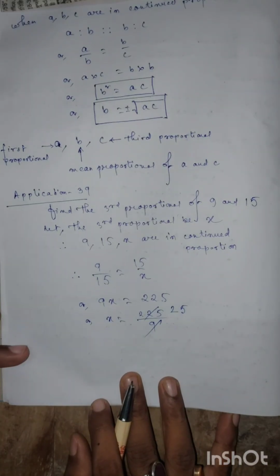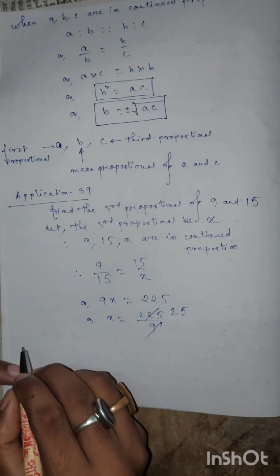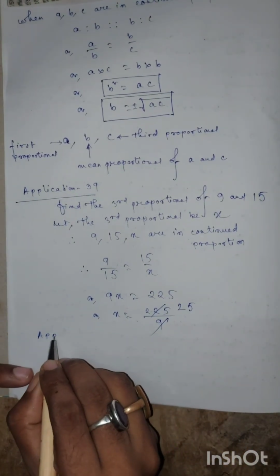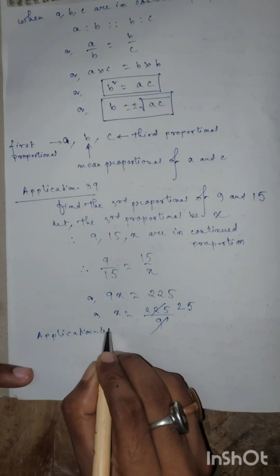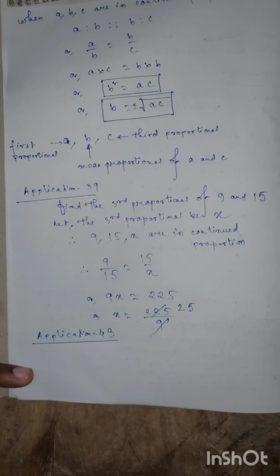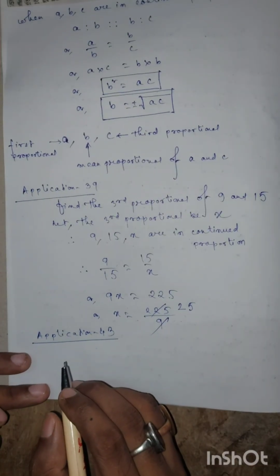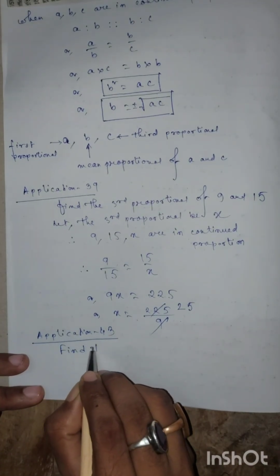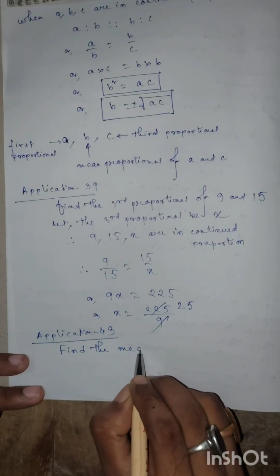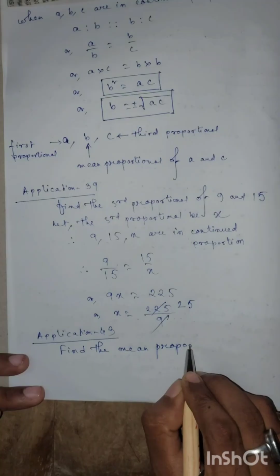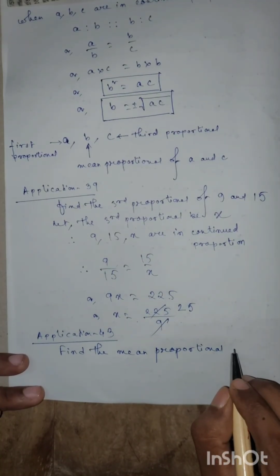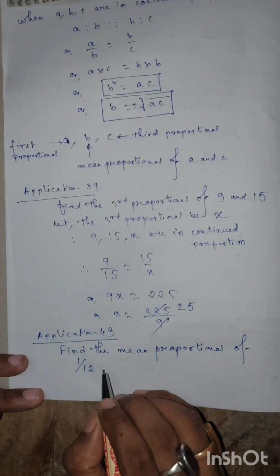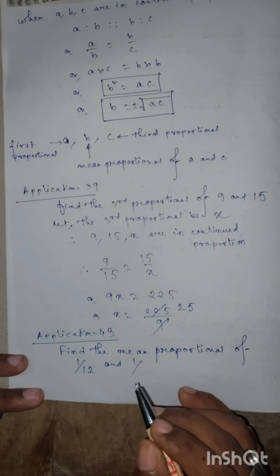Now application 43. Find the mean proportional of 1 by 12 and 1 by 75.